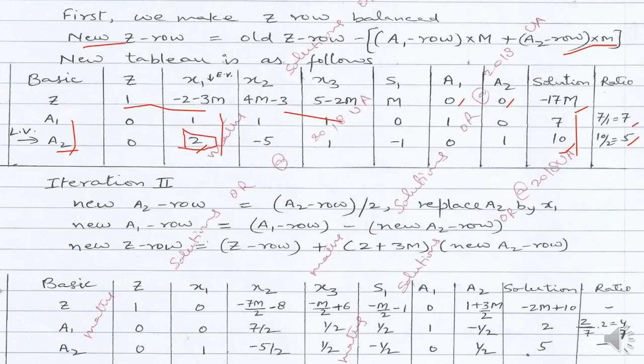Now we use this pivot element to write down new a2 row. So new a2 row is a2 row upon 2, and in next table we will replace a2 by x1.